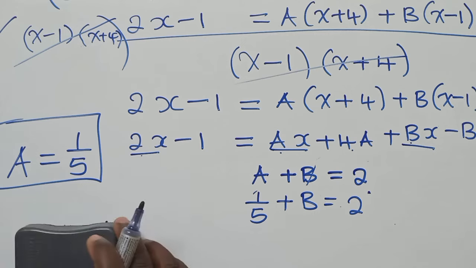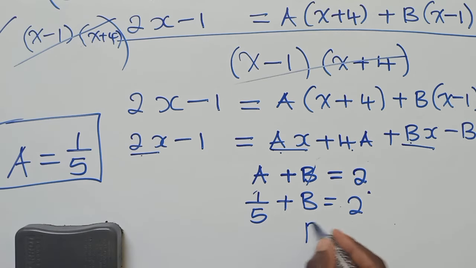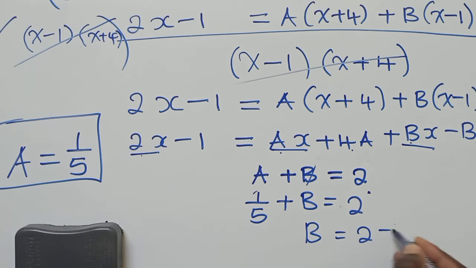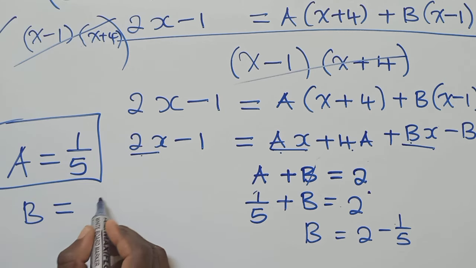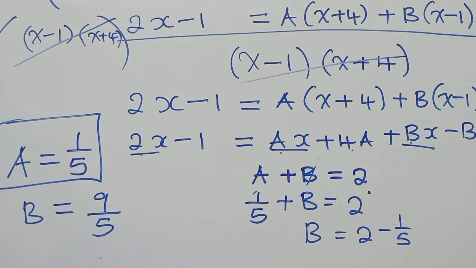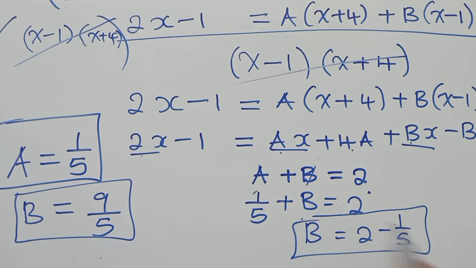So solve for B. You group the like terms. We shall have 2 - 1/5, of which when you do your calculations, you find that your B will be equal to 9 over 5. So this is 9 over 5 as our B.